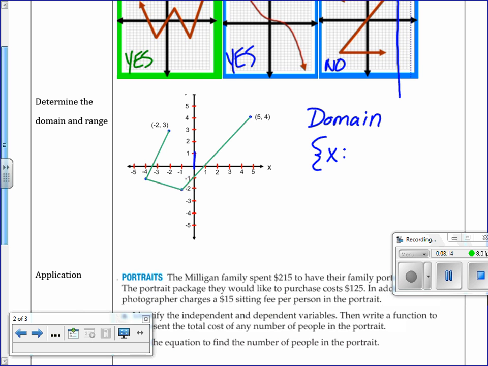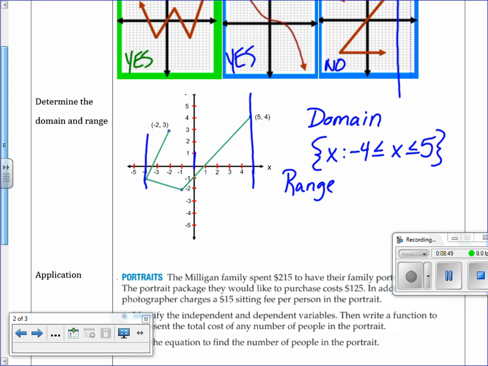All right, now that I'm straight here, it's a Monday morning. -4 all the way up to +5. So I'm going to write -4 less than or equal to x, which is less than or equal to 5. Write my braces. Because x is anywhere between that -4 and that +5, this is how we notate it.